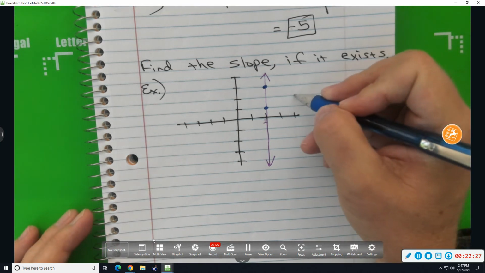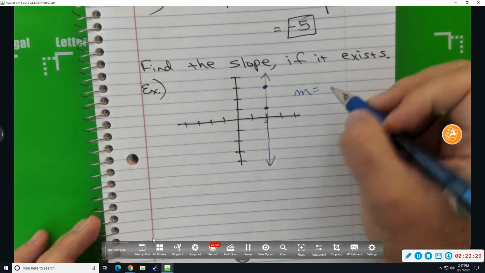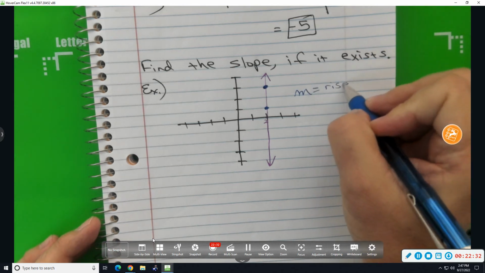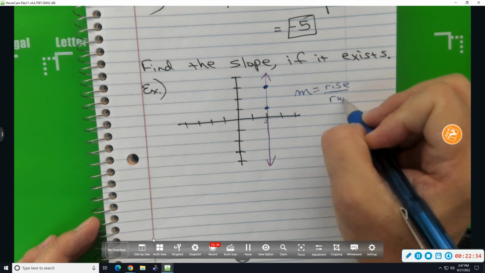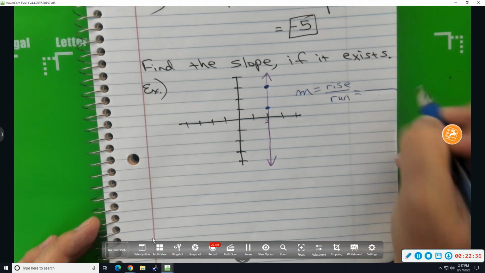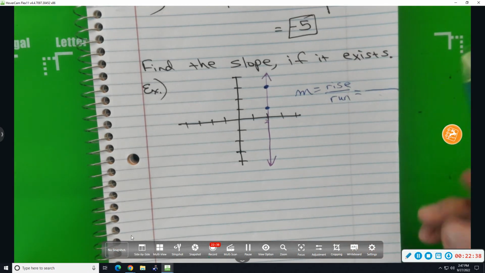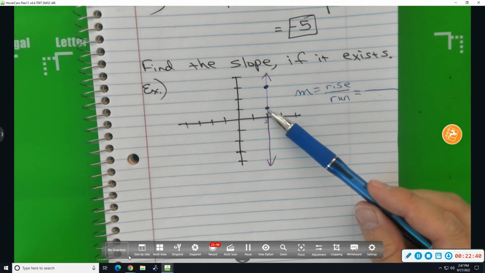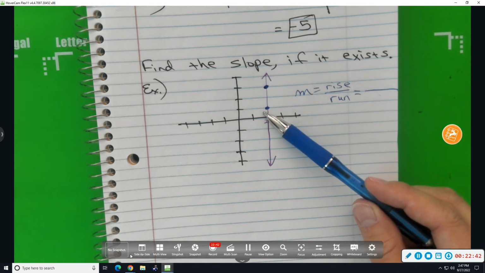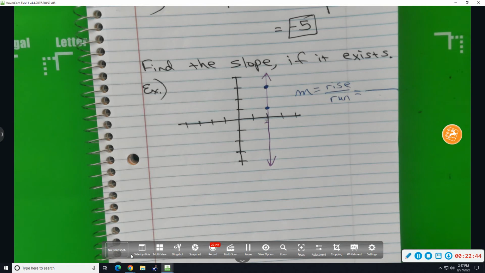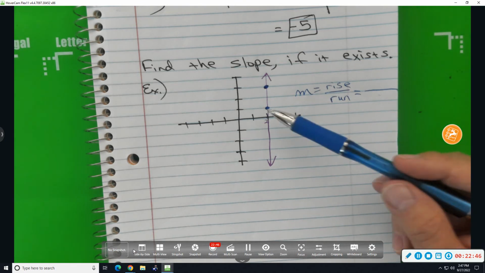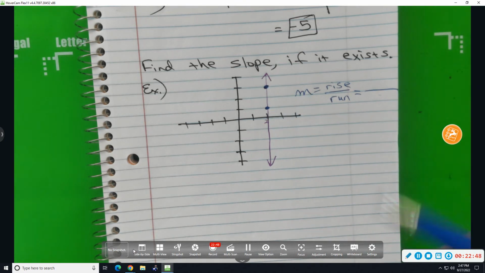Let's use the concept of rise over run. Let's see what happens. Let's start at this bottom point. You could start at the top and work your way down to the lower point, but I always start at the bottom and work my way up.